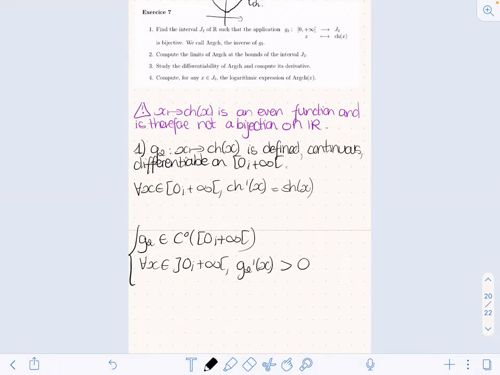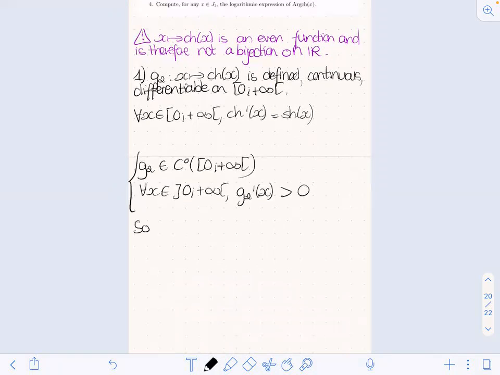But if you exclude 0, then you're strictly positive. So G2 is strictly increasing on 0 plus infinity. So what does that tell us about our function?